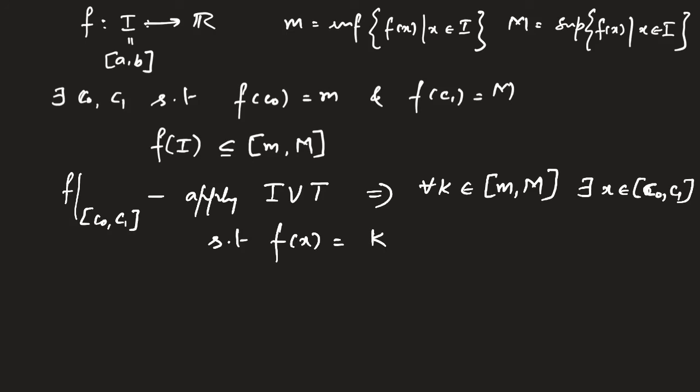That means every value in the interval small m to capital M is attained by some point. So this means that f(I) is actually equal to the interval [m, M].